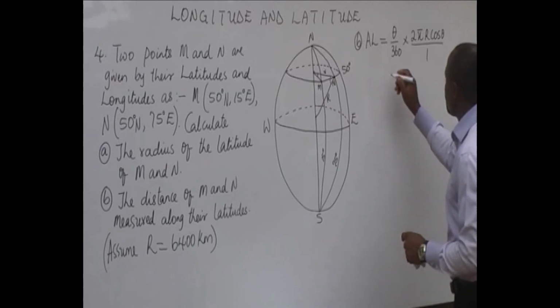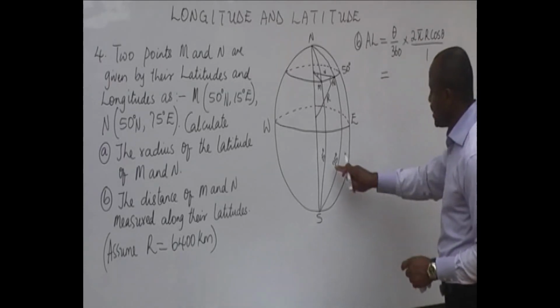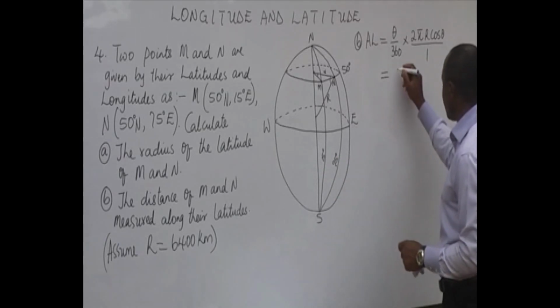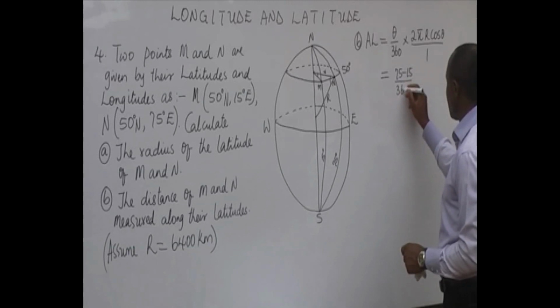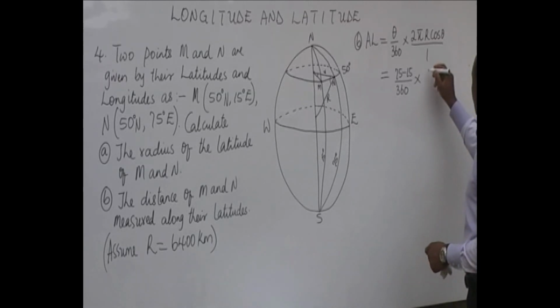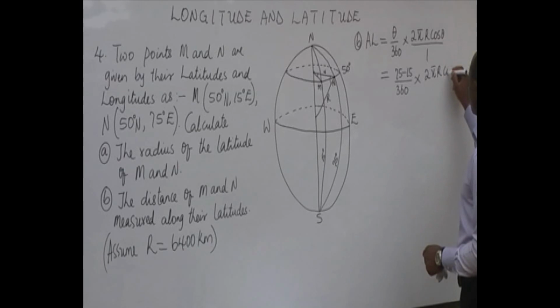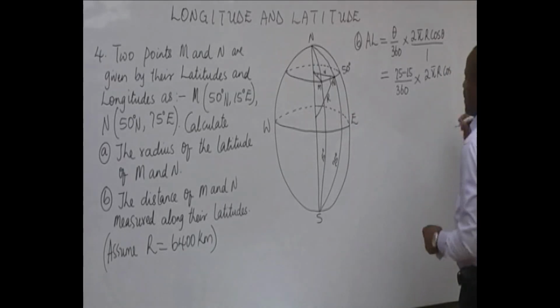Now our theta here is going to be 75 minus 15, all over 360, times 2 pi r cosine 50 degrees, the angle of the latitude where you are walking on, all over 1.